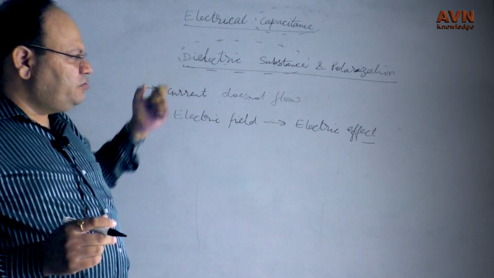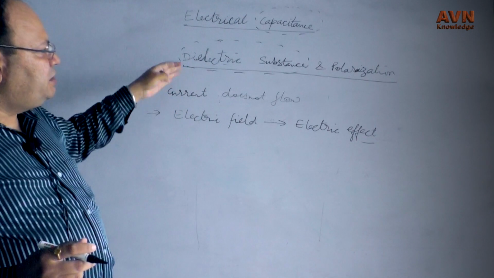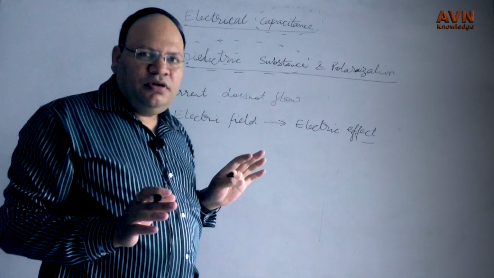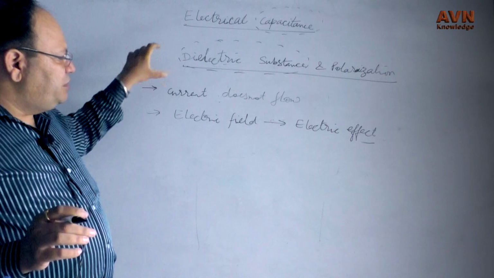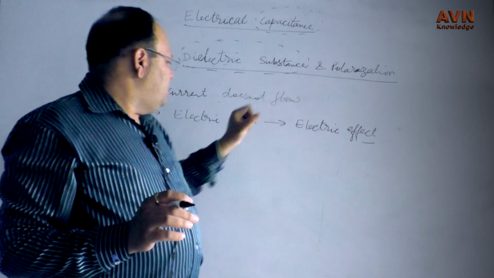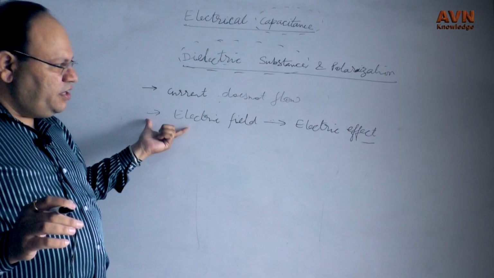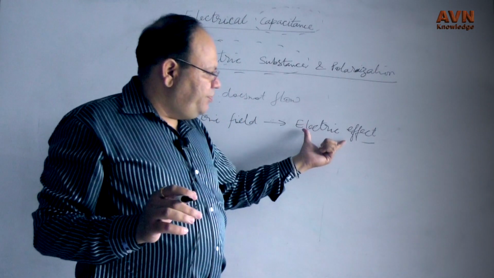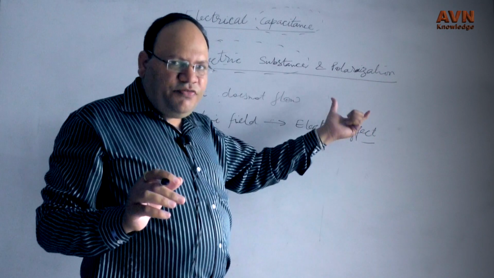Yes, a dielectric is an insulator, but not all insulators are dielectric. Dielectric means current does not flow, which means it is an insulator, but when you apply the electric field, it shows the electric effect.